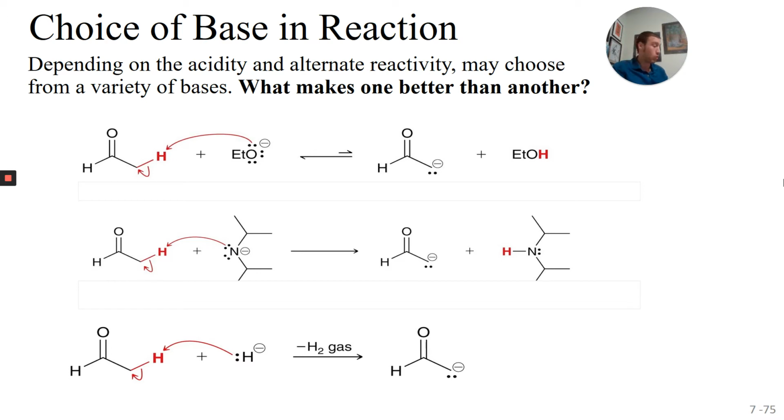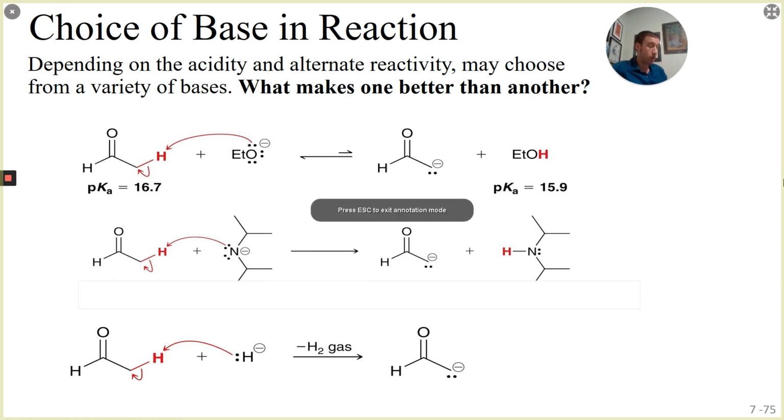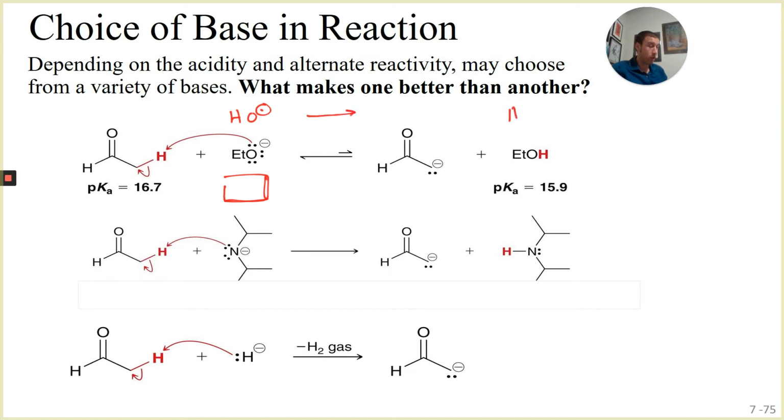If we were to look at the pKa's for ethoxide, and then look at hydroxide, you'll notice it does not have a pKa in this category because that's the base form. The pKa of its conjugate acid, H2O, comes in at 15.7. So really almost identical, not a huge difference.